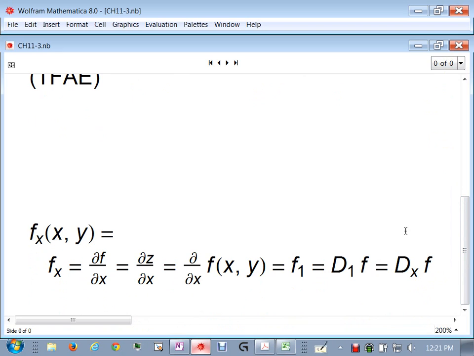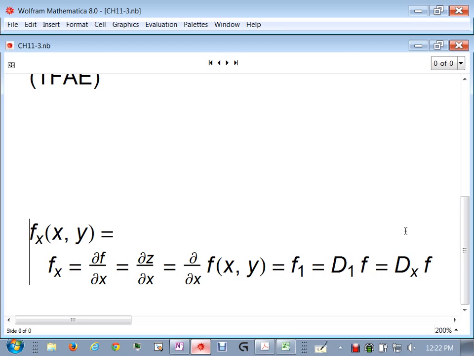This right here, call it the del f. It's like the derivative notation, but this stands for the partial. So the partial derivative of f, treating x as our variable. Partial derivative of z, treating x as our variable. The only reason I'm saying z is if we're saying z is f of x.